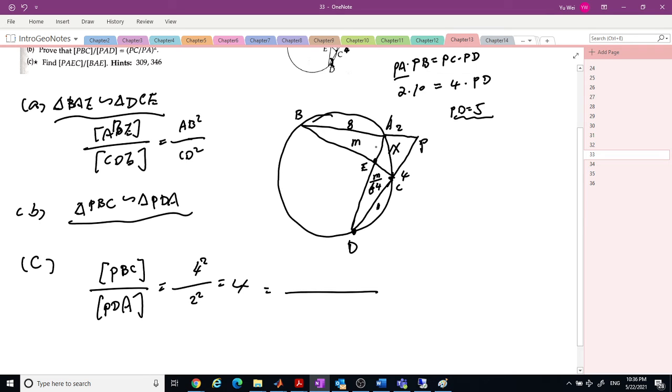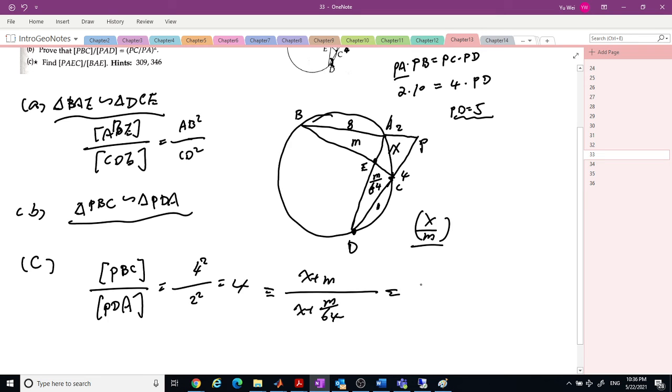So this means X plus M over X plus M over 64 is equal to 4, right? So what we want is to try to calculate X over M, right?